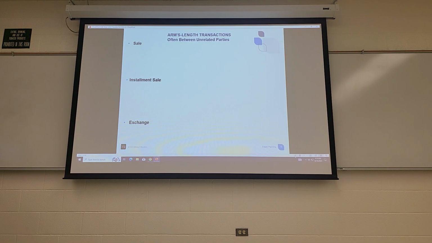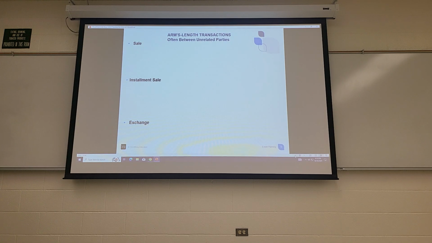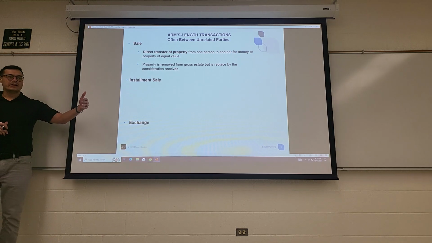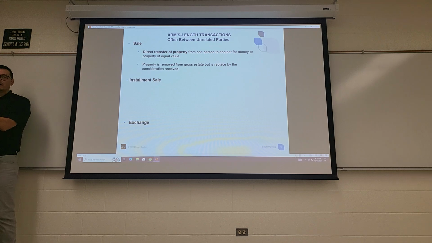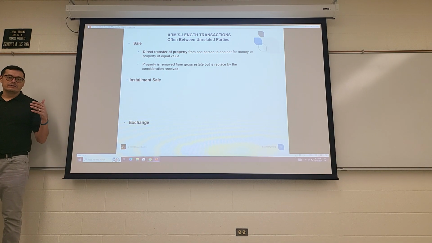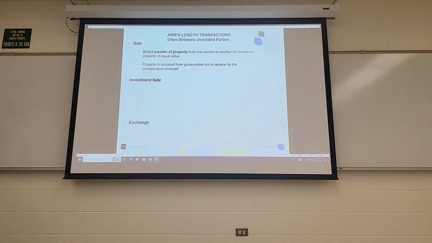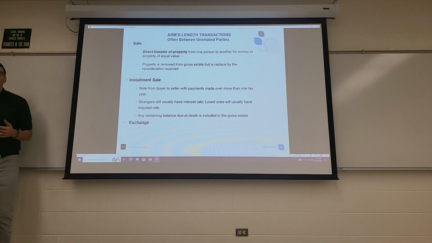So let's talk about removing assets. These are what they call arm's length transactions. A sale is just exactly what it is. It is a direct transfer of assets, but you get something in return, usually the same fair market value. So at that point, it really has a zero effect on my gross estate. You know what an installment sale is, right?